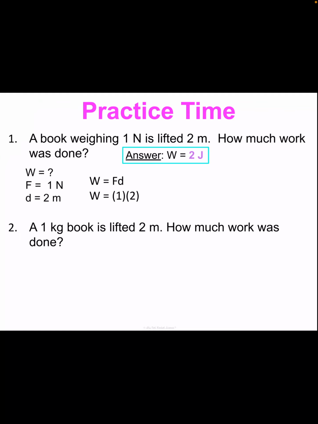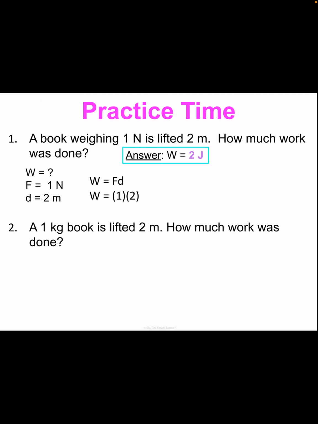All right, the next one, number 2, says a 1 kilogram book is lifted 2 meters. How much work was done? Now this looks and sounds similar to the first problem, but the second one gives me the mass of the book, which is not the same as the force of the book.